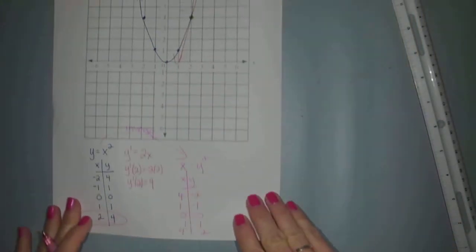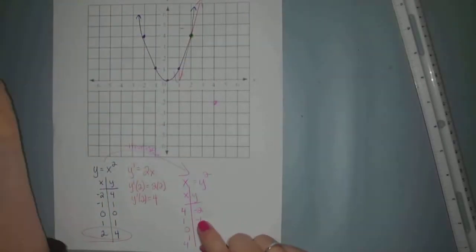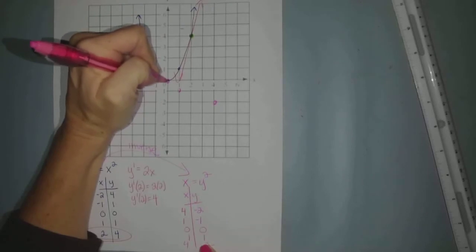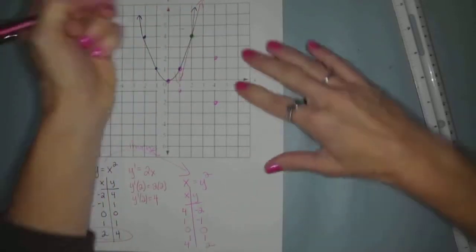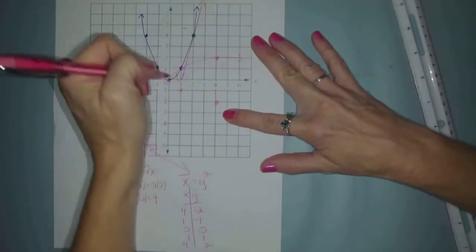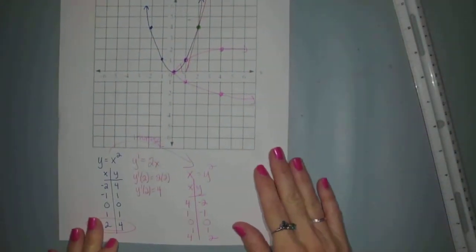So let's plot those points. So (4, negative 2) down here, (1, negative 1), (0, 0), (1, 1), and (4, 2). So this parabola has just been flipped. Okay, so there's my inverse.